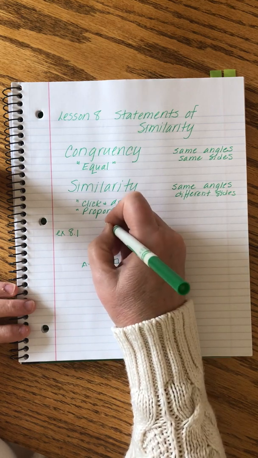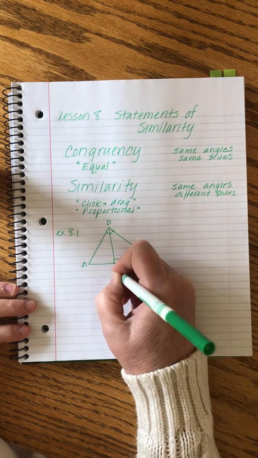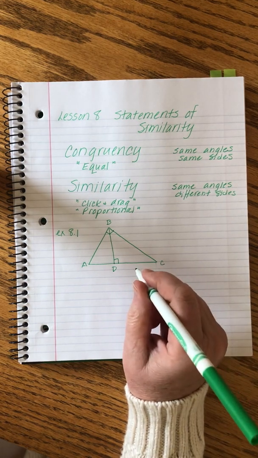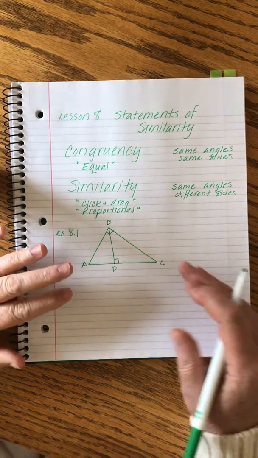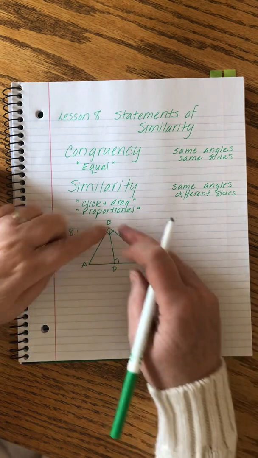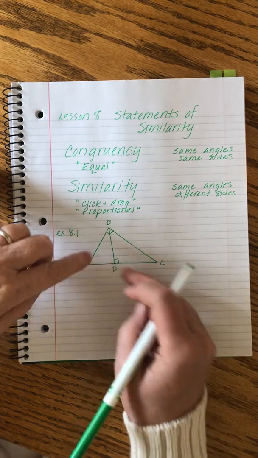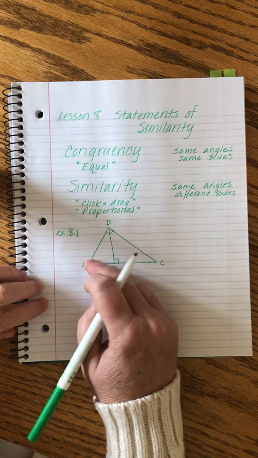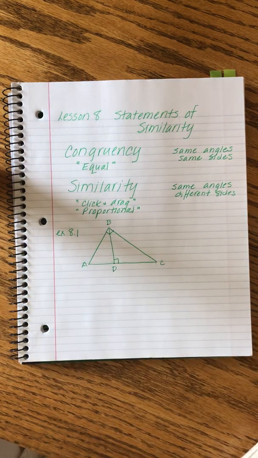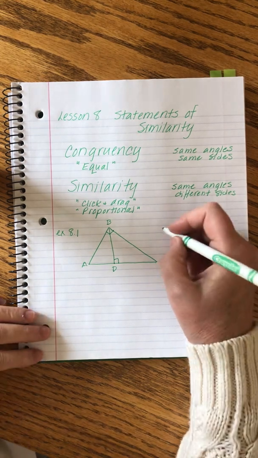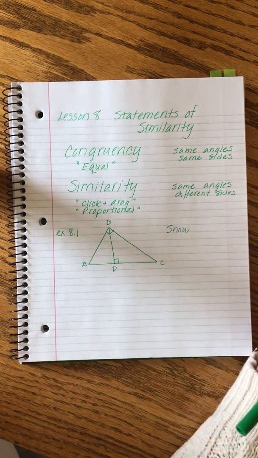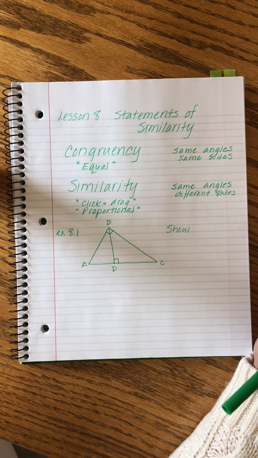A, B, C, D. We know that this is actually 3 triangles in one, right? There's the big triangle on the outside, a medium triangle here, and then a little one like this. So we're gonna be able to break this down into 3 different triangles that are similar. We've talked about that before, I'll remind you.